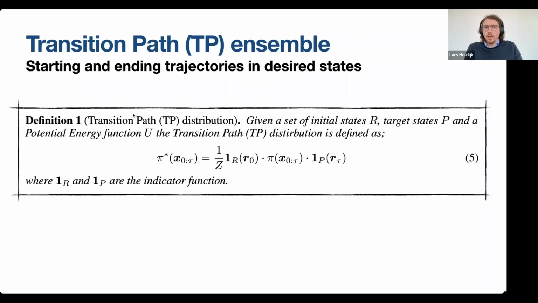And then we add some indicators in front and on both sides, so that now we only have trajectories that start and end in states that we want to be starting and ending in. And we can very naively sample from this distribution by starting with a sample from our set of initial states R, then just following MD, and then just checking at the end, are we getting final states that are in the set of our target states?